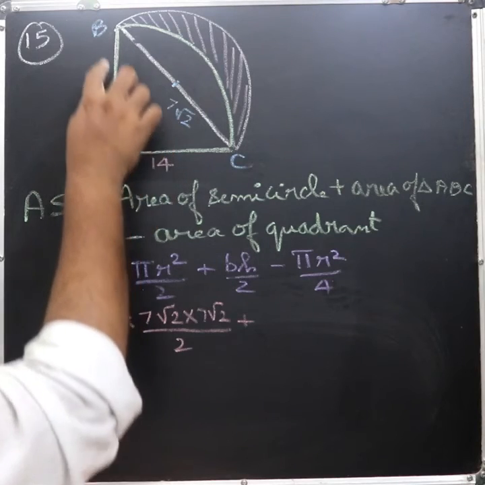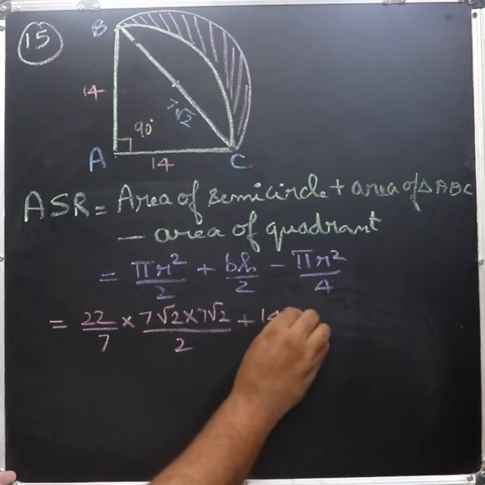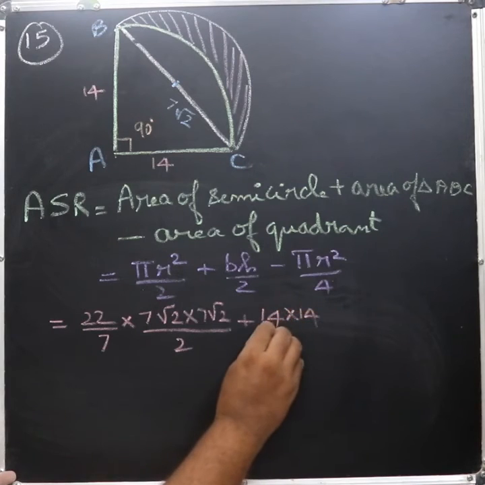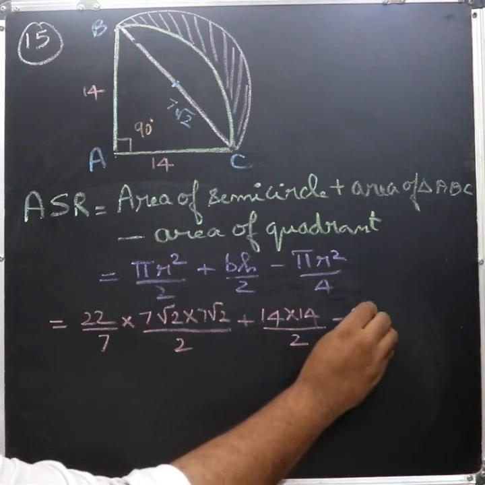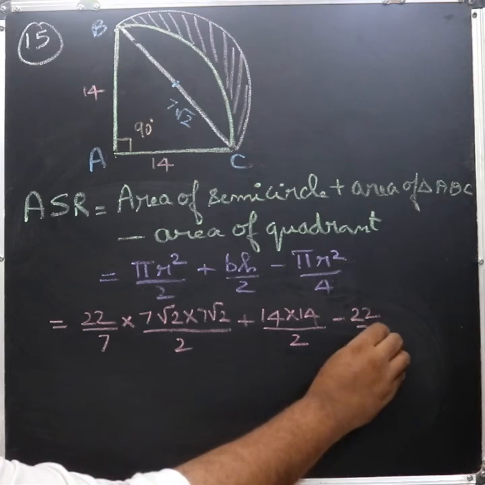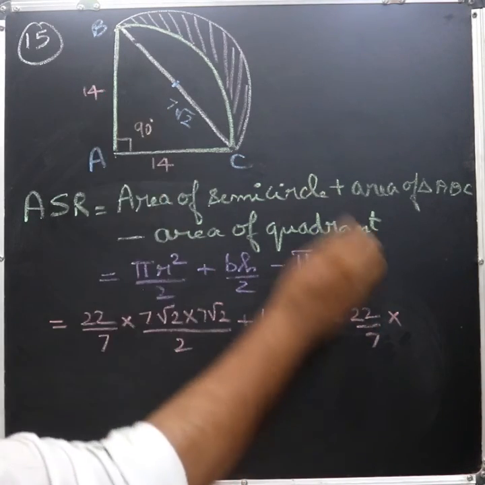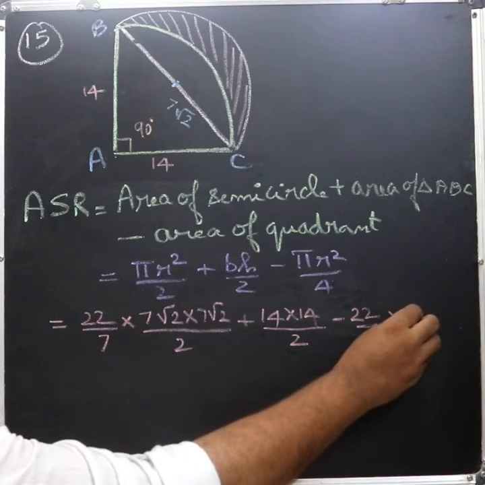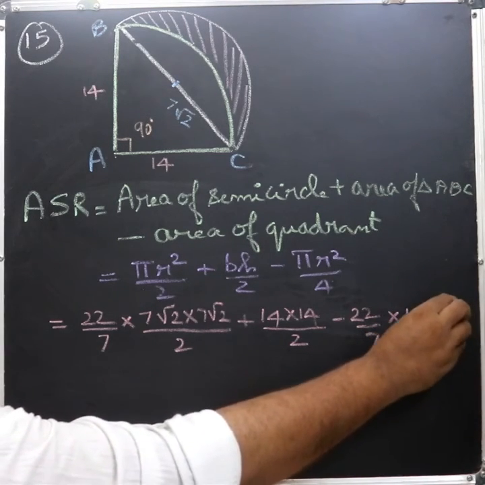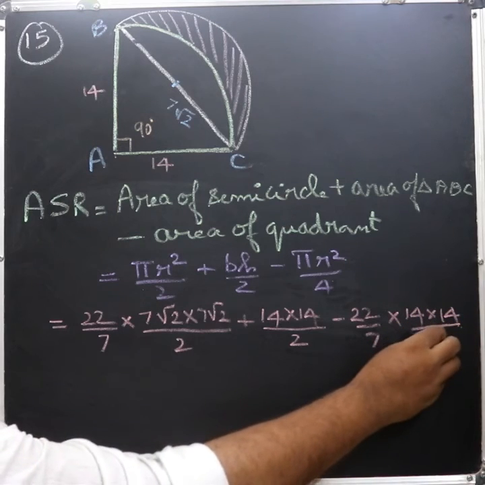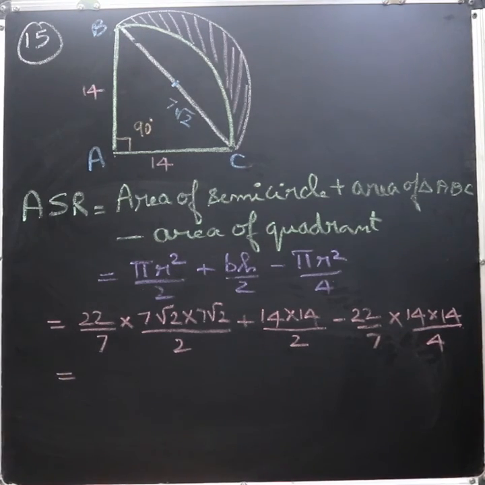Since this is 90 degree, this is going to be the perpendicular height. So we are going to have 14 into 14 divided by 2 minus pi value 22 by 7 into, this is the radius of this quadrant, which is going to be 14 into 14 divided by 4.